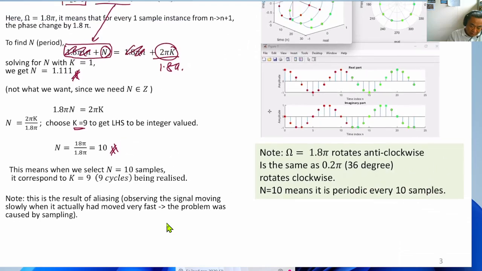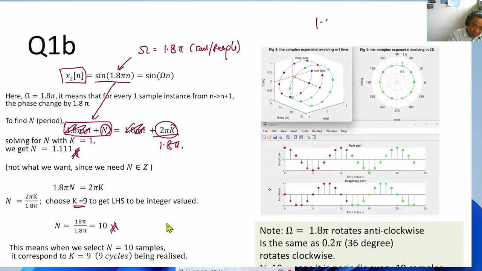Well, first, at 1.8 pi omega, this is the same as observing a minus 0.2 pi complex exponential rotating. So although the sequence is actually rotating at 1.8 pi, when we observe the sequence with n as integers, we are actually observing it as a slowly moving sequence clockwise at minus 0.2 pi radian per sample.